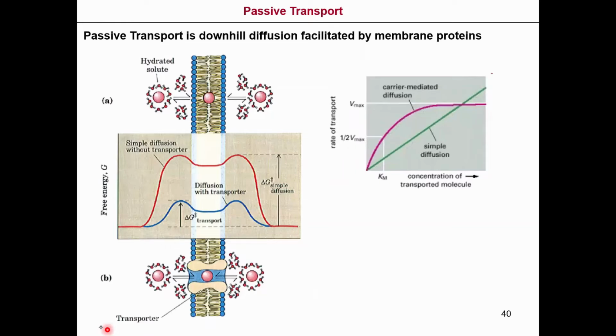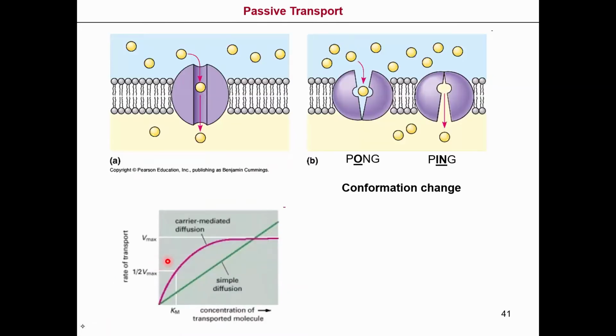So let's see first the passive transport. It's downhill diffusion and it's facilitated by membrane proteins. For example, for simple diffusion without a transporter, you will have this kind of energy profile, and with the transporter, you will decrease the energy. So it means that it's a catalysis, like an enzyme indeed.